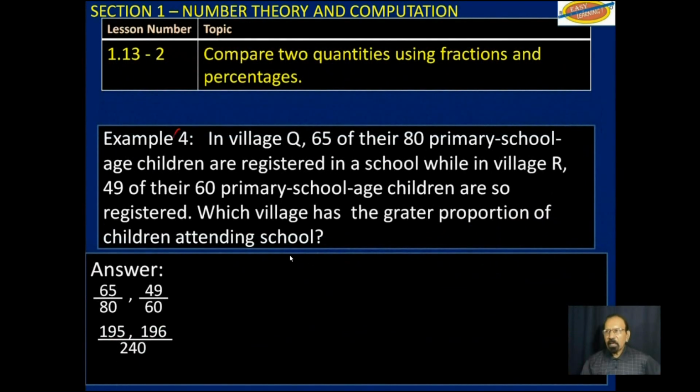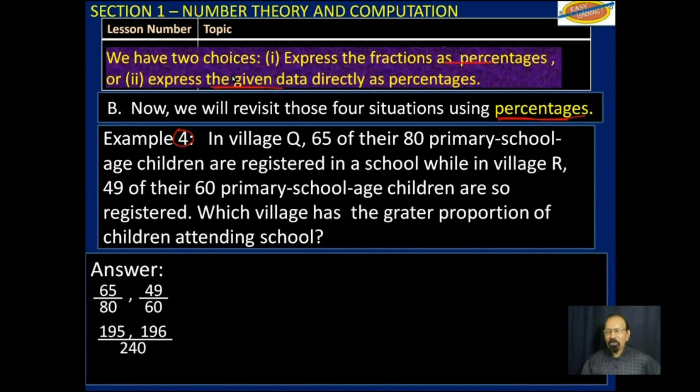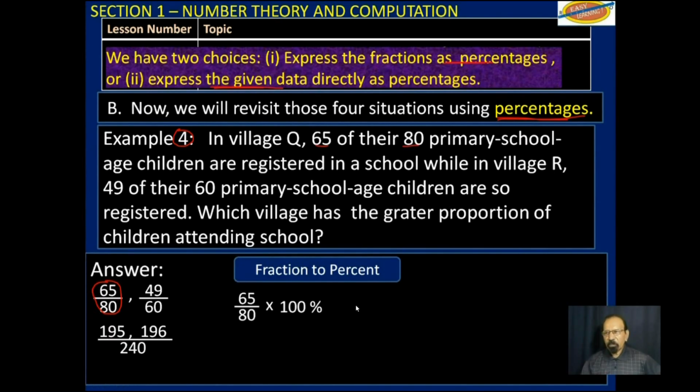And then finally, example 4, this is the last example that we already did, but we are not doing it through fractions. We are doing it based on percentages, though we may actually carry the fraction to percent. So we take this fraction, 65 out of 80, multiply by 100%, and you get 81.25%.